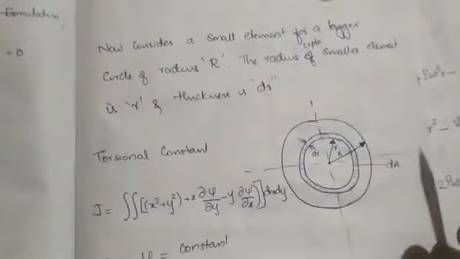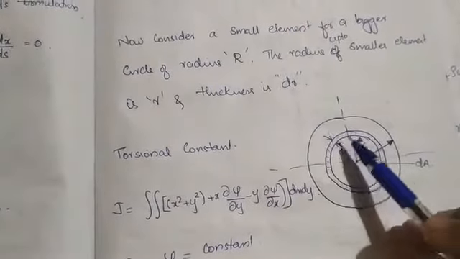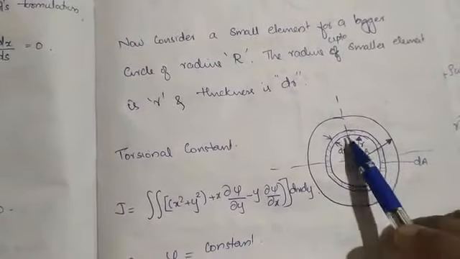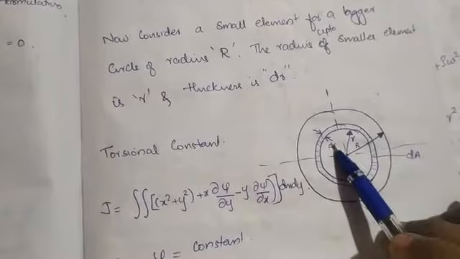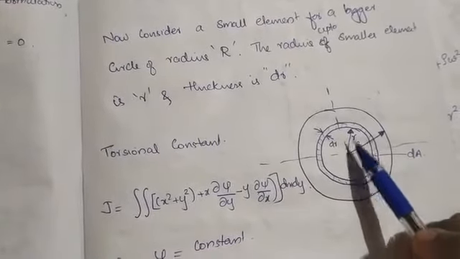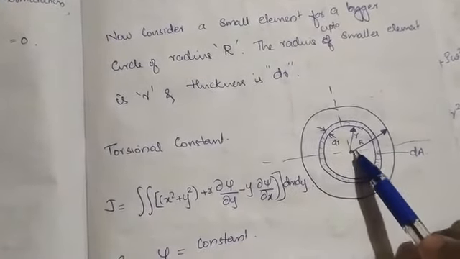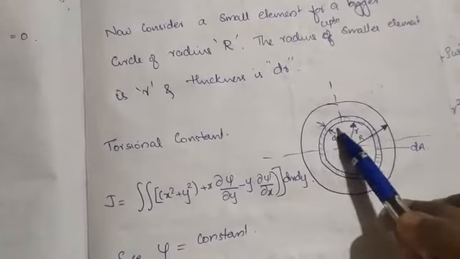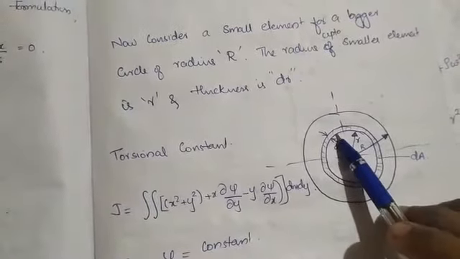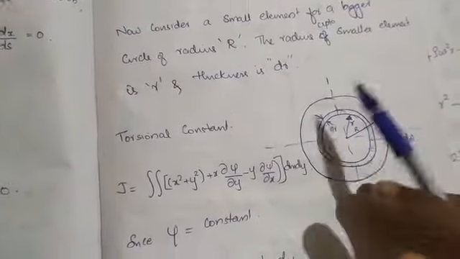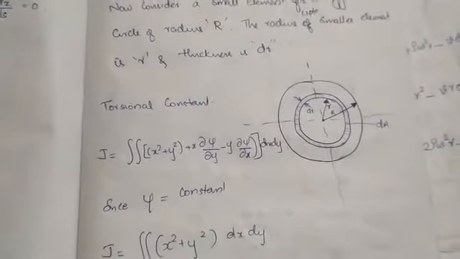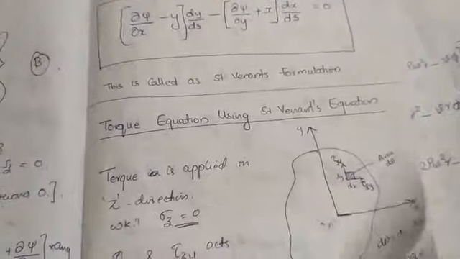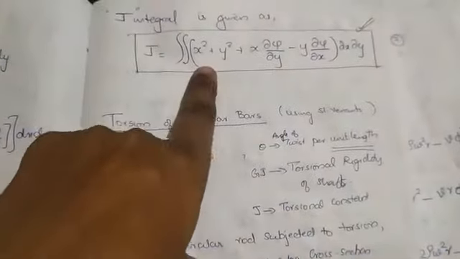Now if you consider the side view, you consider a small element at a distance r from the center. The total radius is capital R, and the thickness of this section is dr. Now from the previous equation of torsional constant, you know that J is this thing.